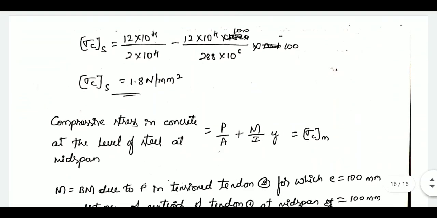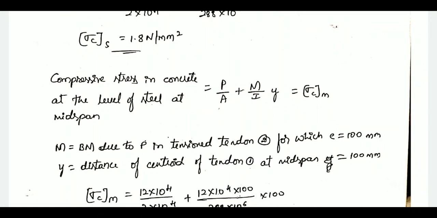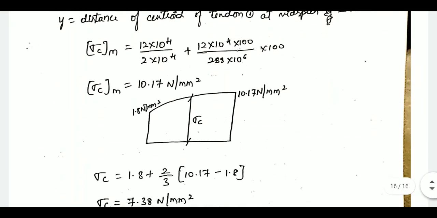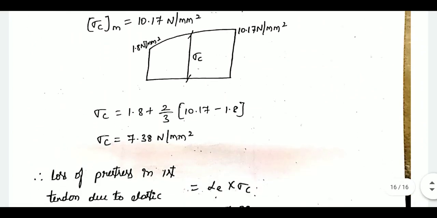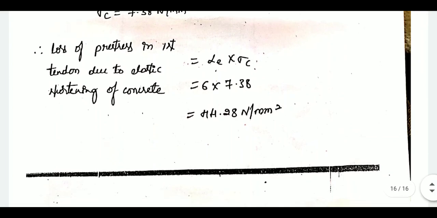At midspan, both are below the centroidal axis with an eccentricity of 100 mm. So we have sigma C at midspan. Calculate the average stress and the loss of pre-stress.